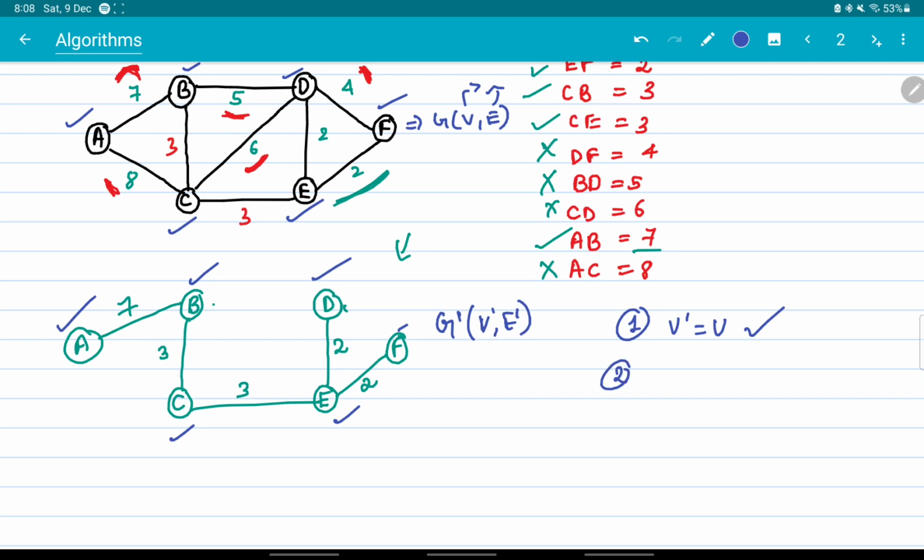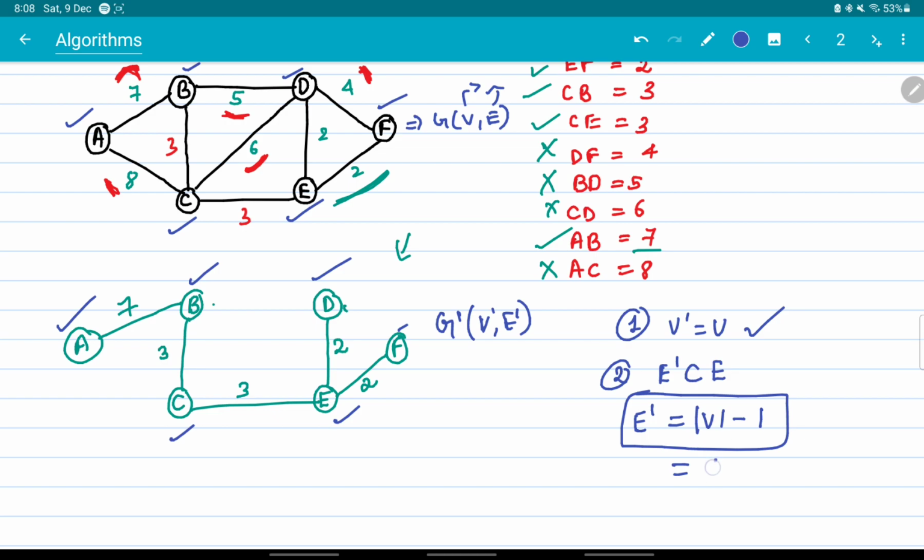The second rule is that the total number of edges in your minimum spanning tree is always a subset of the total edges in your main graph. And there is a formula to find it: the total number of edges in your minimum spanning tree is equal to the total number of vertices of your graph minus 1. So how many vertices were there in our graph?